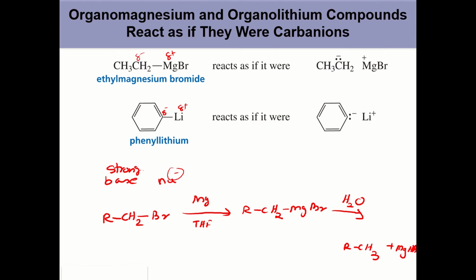So it will make MgHBr. It's going to make the alkane plus MgHBr.